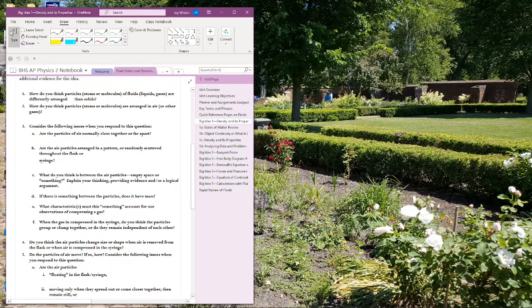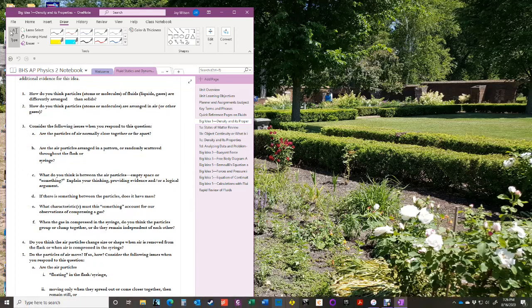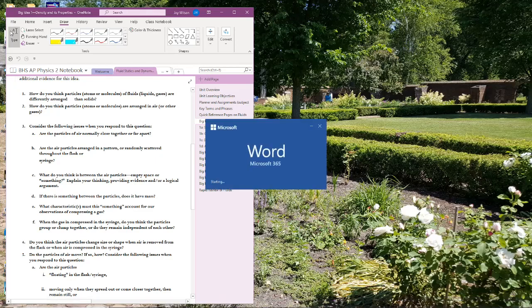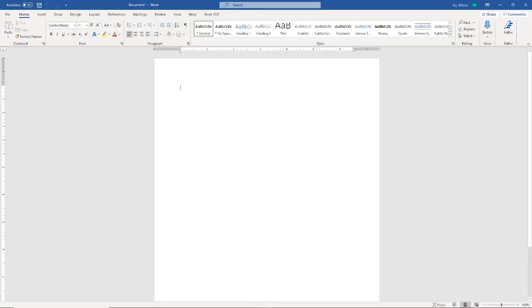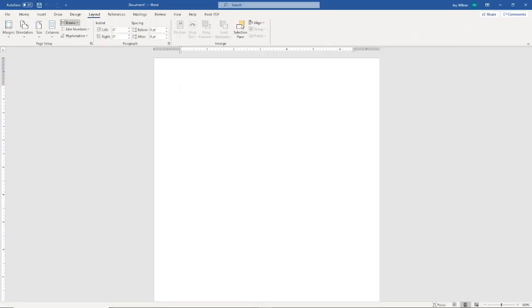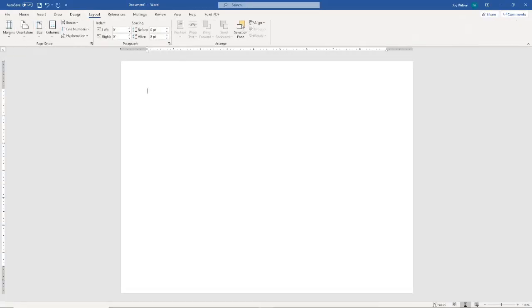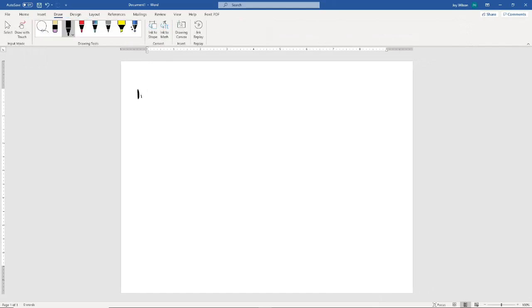So as we go through here, you want to create for each one of these ideas, each one of the 1A through 1D, a page in your notebook. So instead of doing a whole, you might not want to do a single page. The alternate form of doing that would be to do something like this. You could do 1A states of matter.